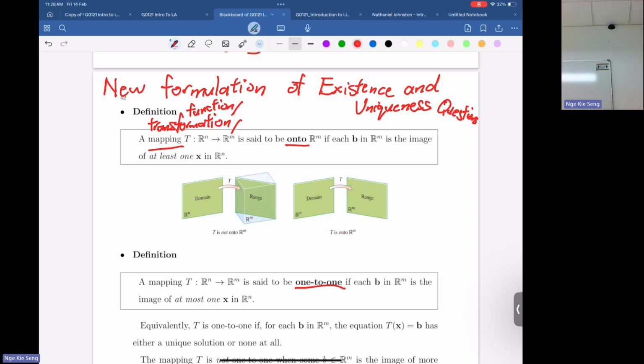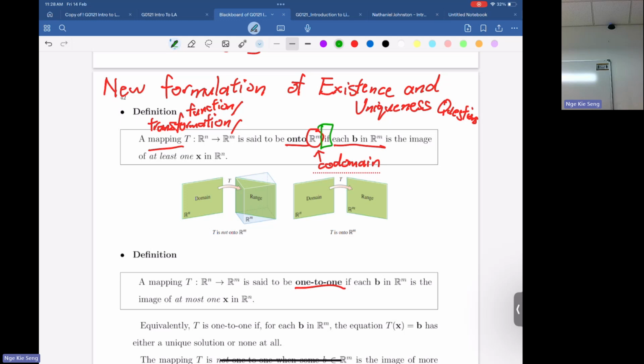So a mapping from Rn to Rm is said to be onto the codomain if everything in the codomain is the image of at least one x. Meaning, anything I pick from the codomain, there will be someone that gets mapped to it.